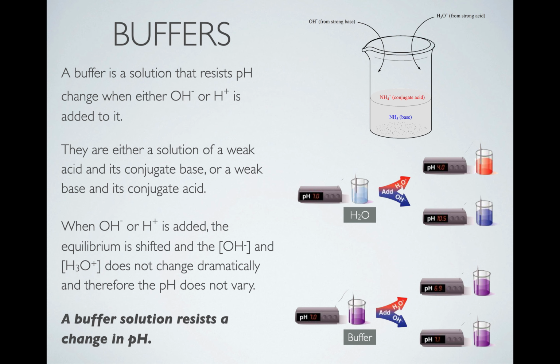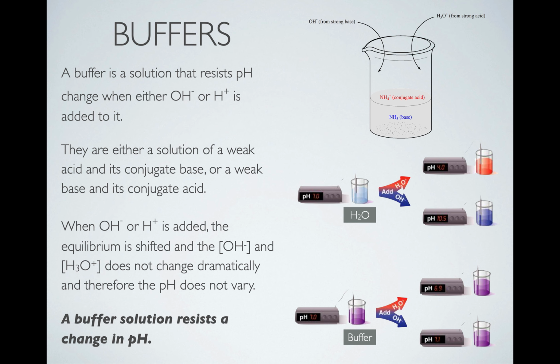They're either a solution of a weak acid and its conjugate base, or a weak base and its conjugate acid. So when hydroxide or hydronium is added, the equilibrium is shifted and the hydroxides and the H3O plus do not change dramatically. Basically we've got some species soaking up those H pluses or hydroxides. So a buffer solution resists a pH change.